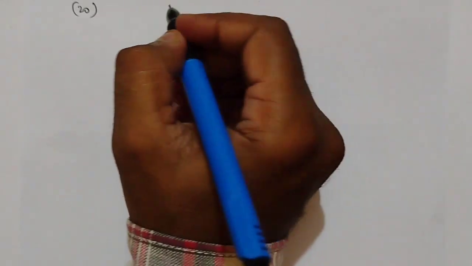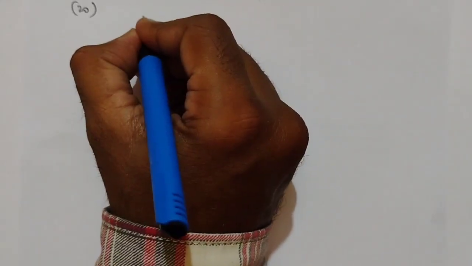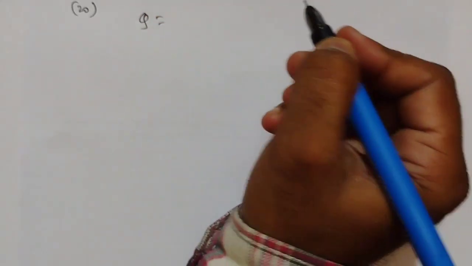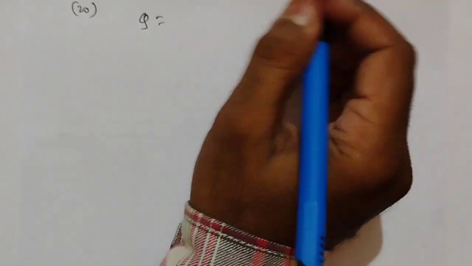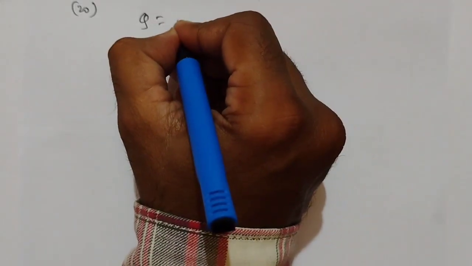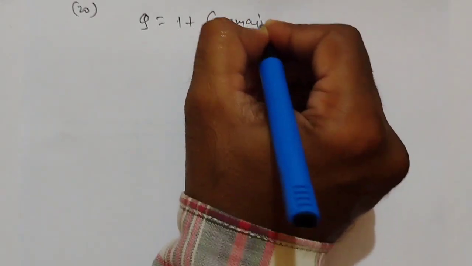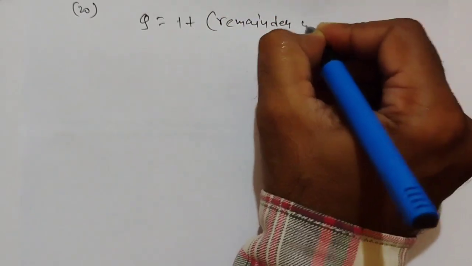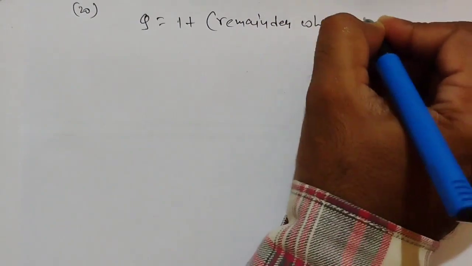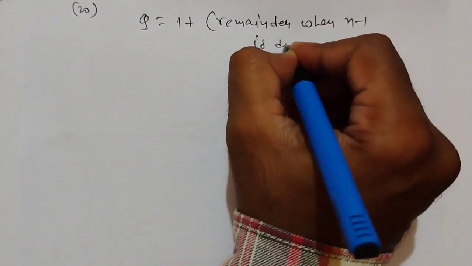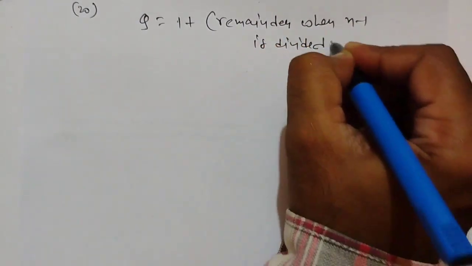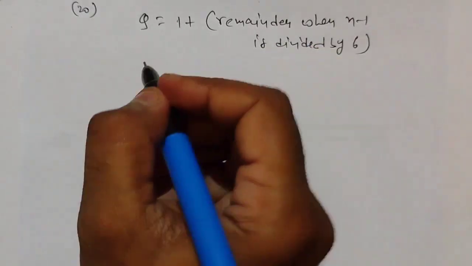Now considering the quotient q is equal to 1 plus the remainder when n minus 1 is divided by 6.